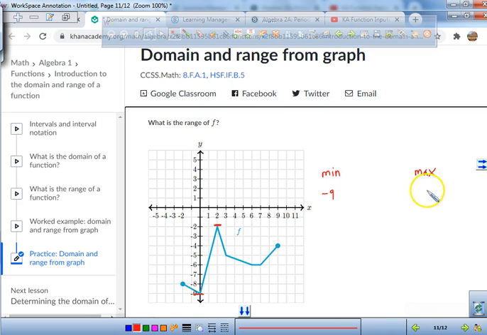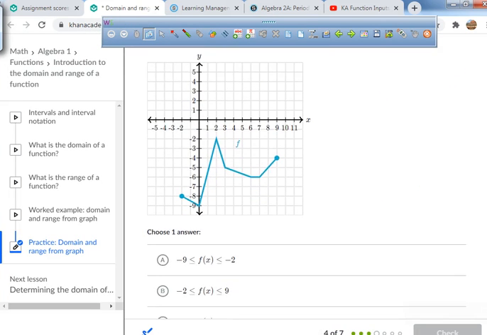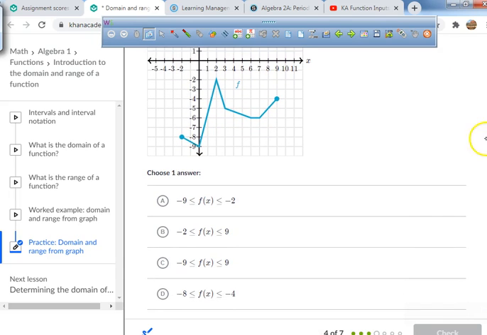What's my maximum? -2. This says, what's the range of f? So all of my f of x, all of my y values, are less than or equal to -2 but greater than or equal to -9. And that's my range. So it's either going to be asking you for domain or range. It goes all the way down to -9 and all the way up to -2.